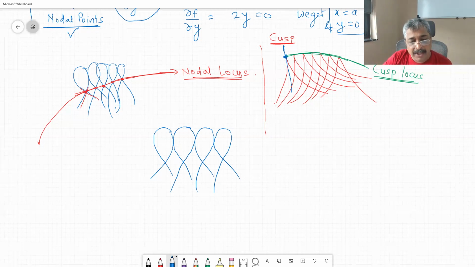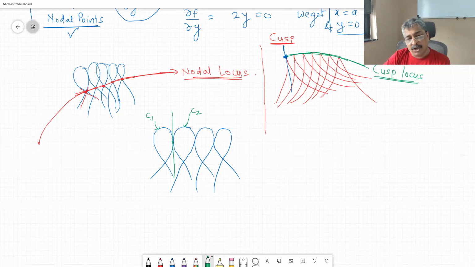So now what will happen here is, at this point, there is a common tangent between the two curves. This is the curve for some value c1, this is the curve for some value c2. They belong to the same family, and there will be values of c1 and c2 such that they share a common tangent.